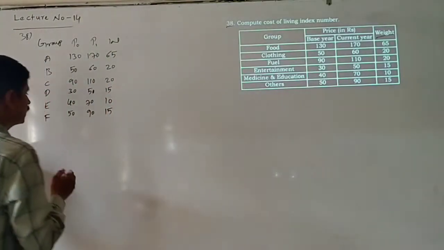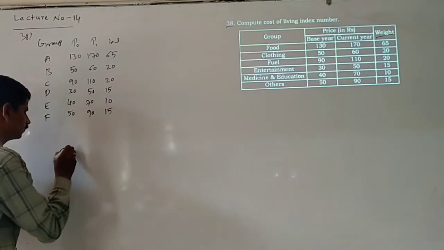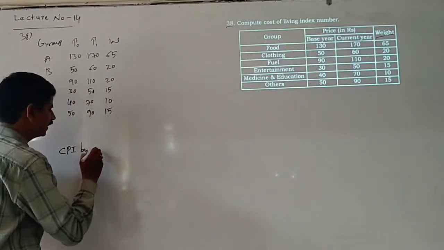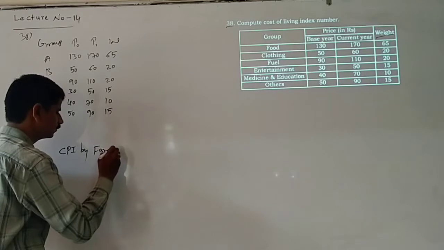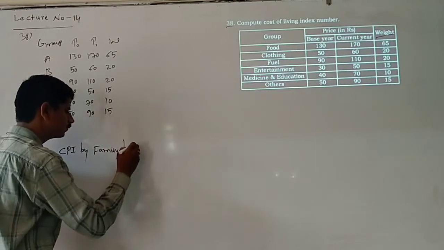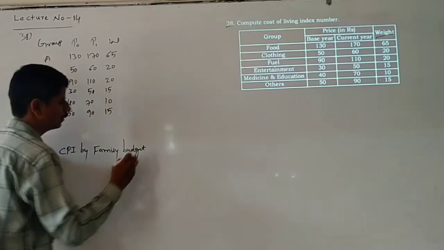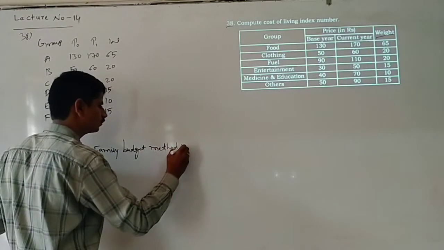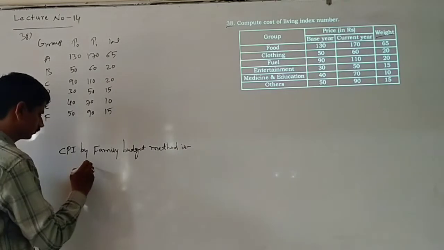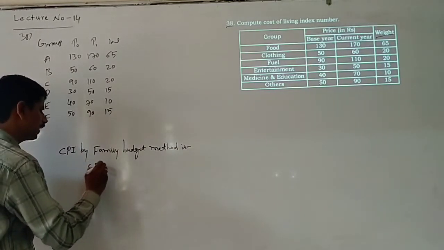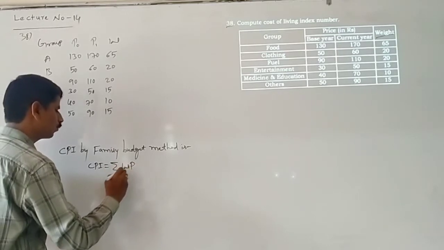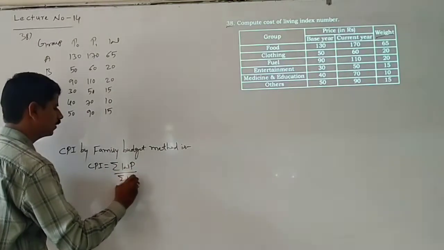Here CPI by family budget method is CPI equal to sum of WP by sum of W.